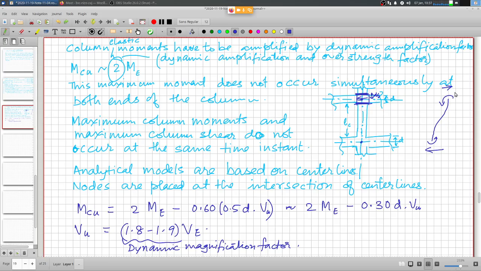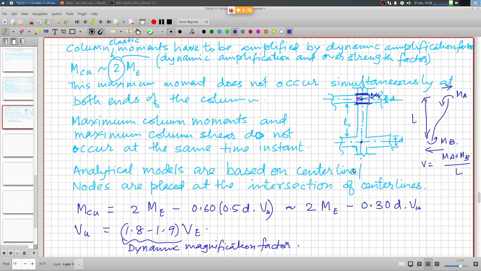So this will be moment A, moment B, and V is equal to MA plus MB divided by L, if this is L. In this case we'll need to look at the moment at this end and at this face, and L is the clear span, and then work out the moment.